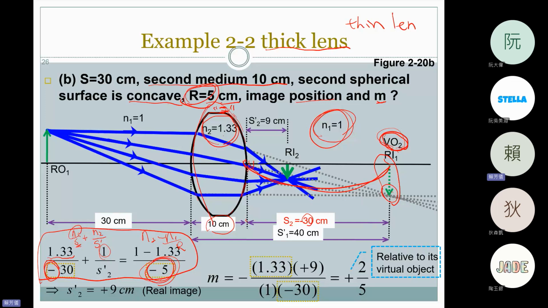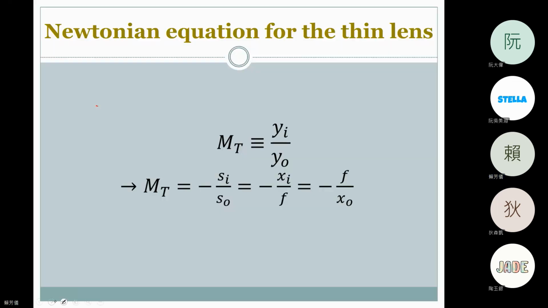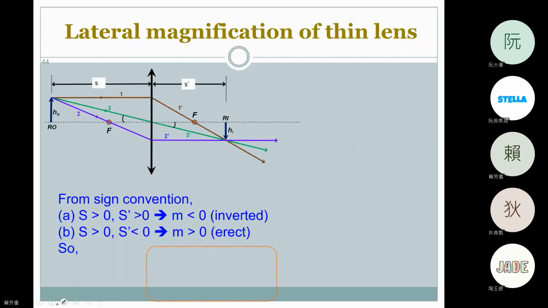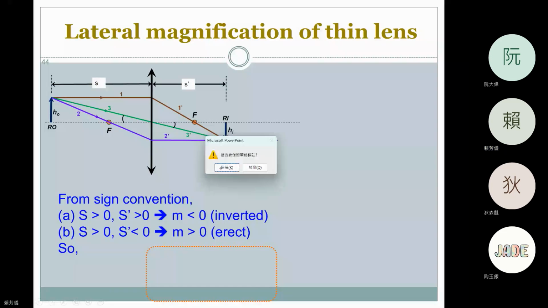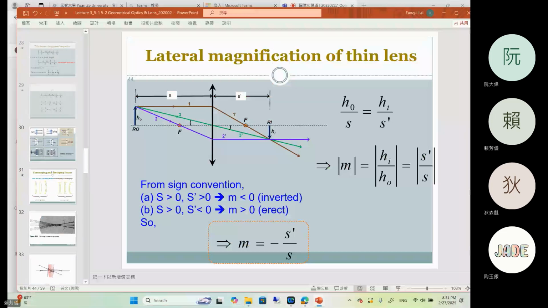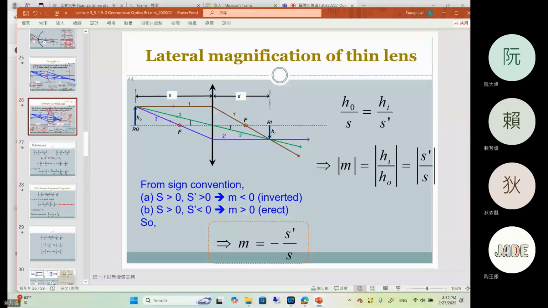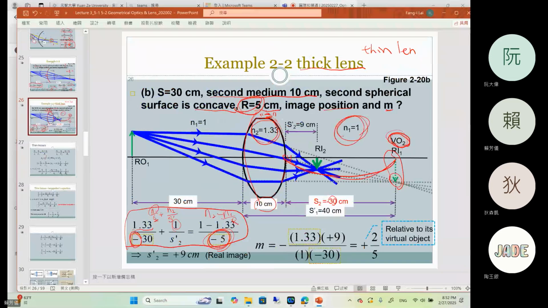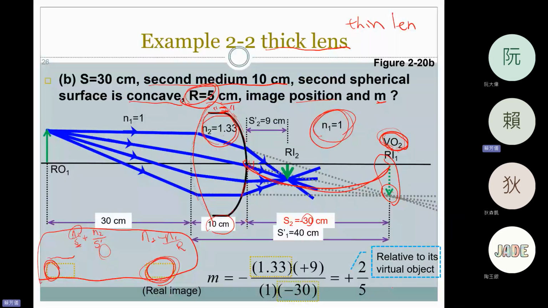Okay, so after this calculation, we get the final result: S2 prime will be positive 9 centimeter.